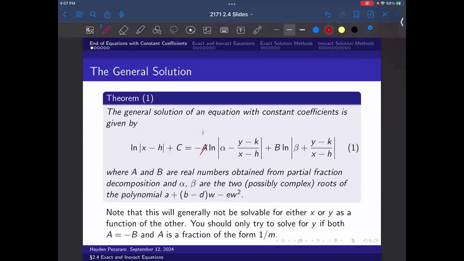If this is 1 over m, and this is 1 over m, then you can multiply both sides by m, and then that ends up in the exponent here. And then you can combine these in the form log absolute value of thing over thing. And then you can cancel out the logs and solve for y.